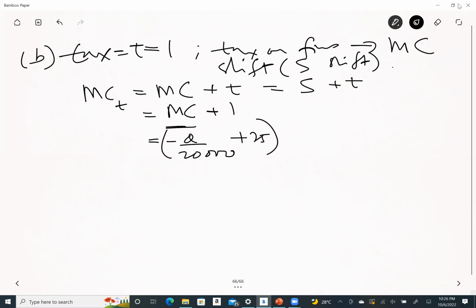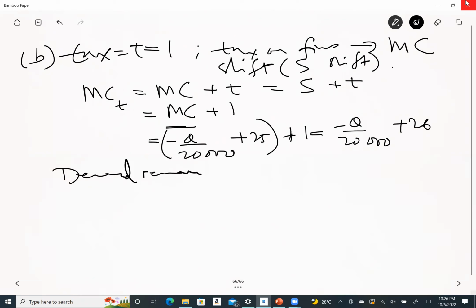That is the original function plus 1, equal to negative Q over 20,000 plus 20. So that is the only difference. The demand function doesn't change. Demand remains the same.